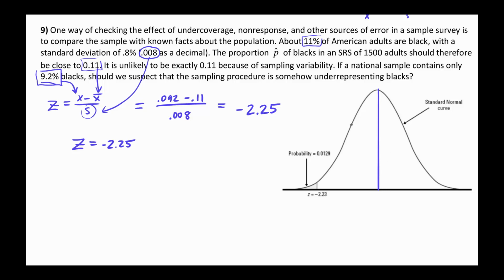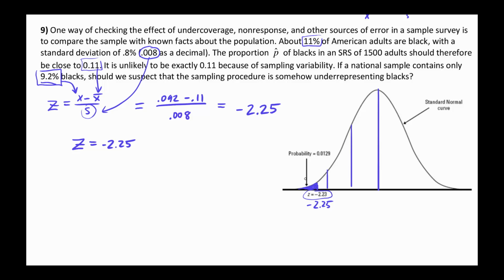So if I count 1, and then 2, 2.25 is right over here. Now notice, it's actually already been shaded for us. 2.25 is pretty close to the number that they got because they used a little bit more precise data. We're just estimating a little bit here. The 0.008 number is slightly off. I rounded that for you so it would make it easier.